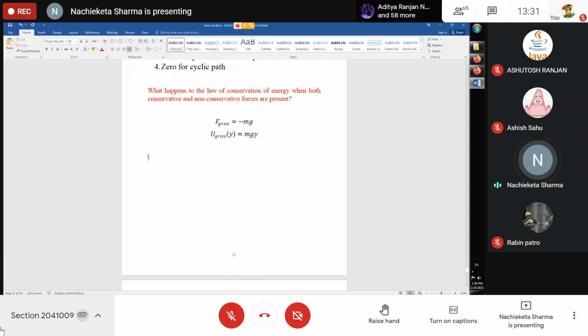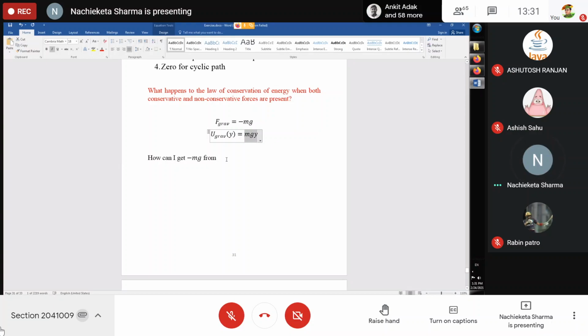How can I get minus mg? Minus mg is my force. How can I get minus mg from mgy, which is potential energy?